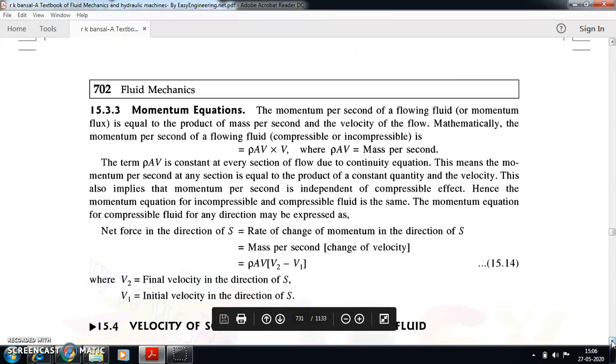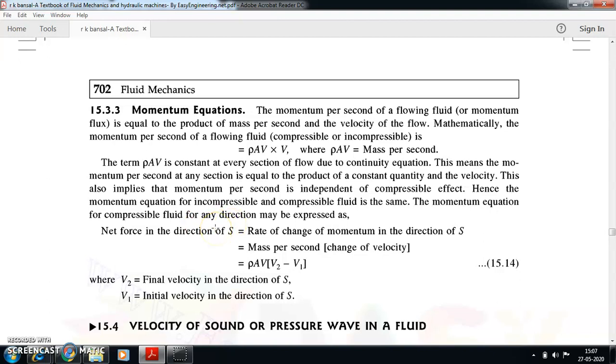We have also gone through the continuity equation where we talked about this concept of rho A V, the mass flow rate. The important thing that you have to remember here is that the final expression for the compressible fluid is going to be the same for any direction.